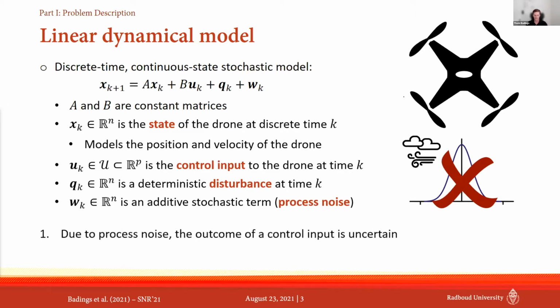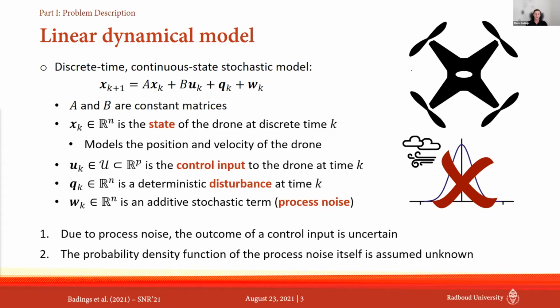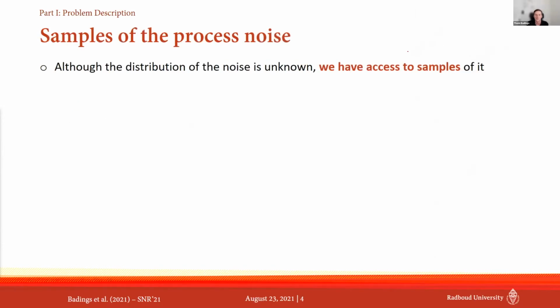So that basically means that we have two different issues to deal with. So first of all, due to the process noise, the outcome of a specific control input is uncertain. And second of all, the probability density function itself of this process noise is also unknown. So we have to deal with both these issues.